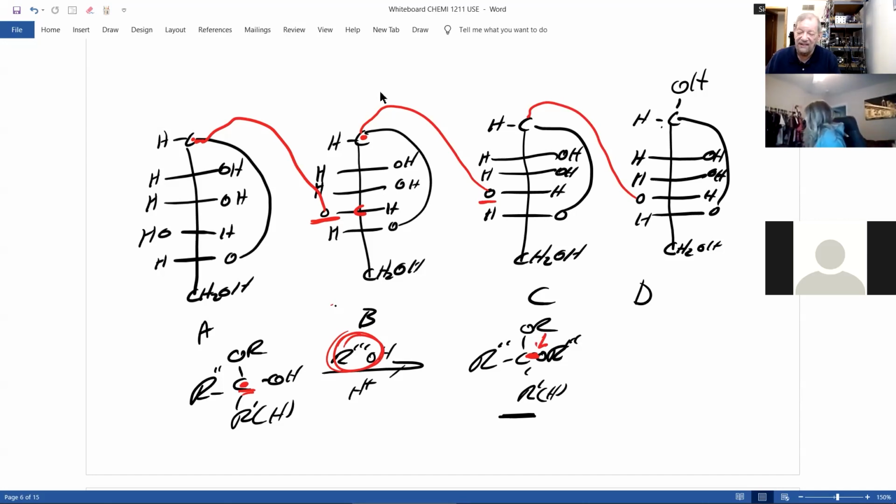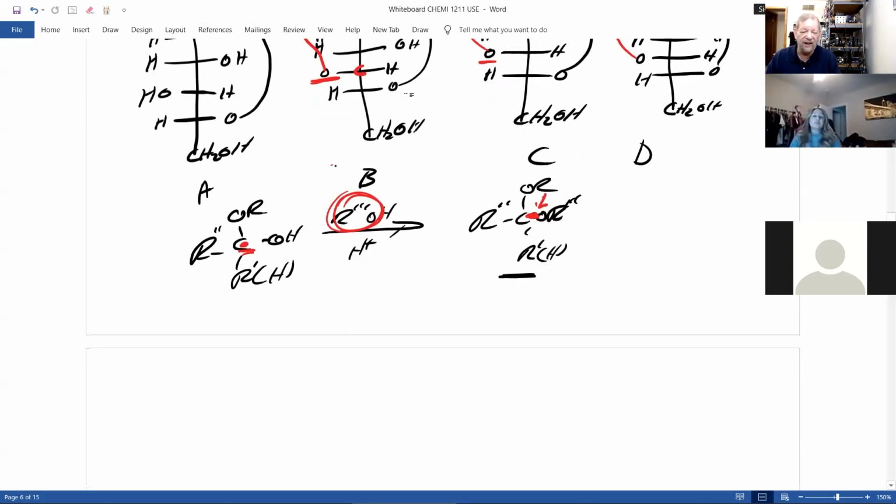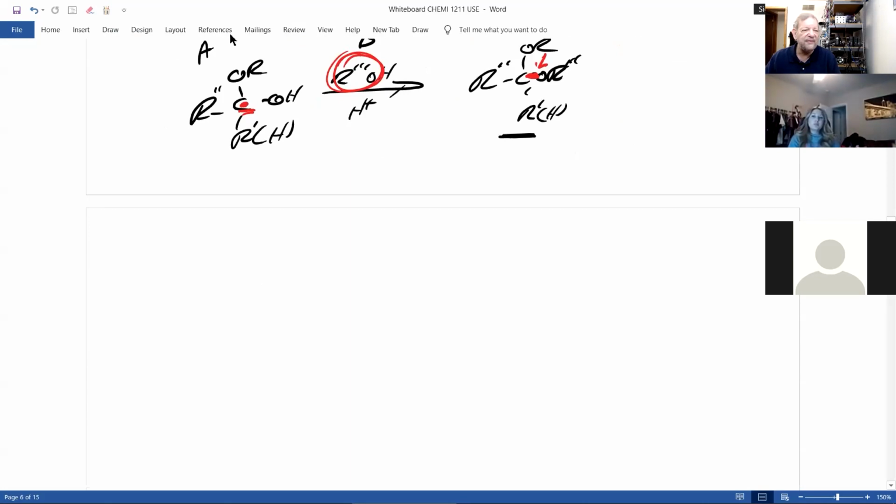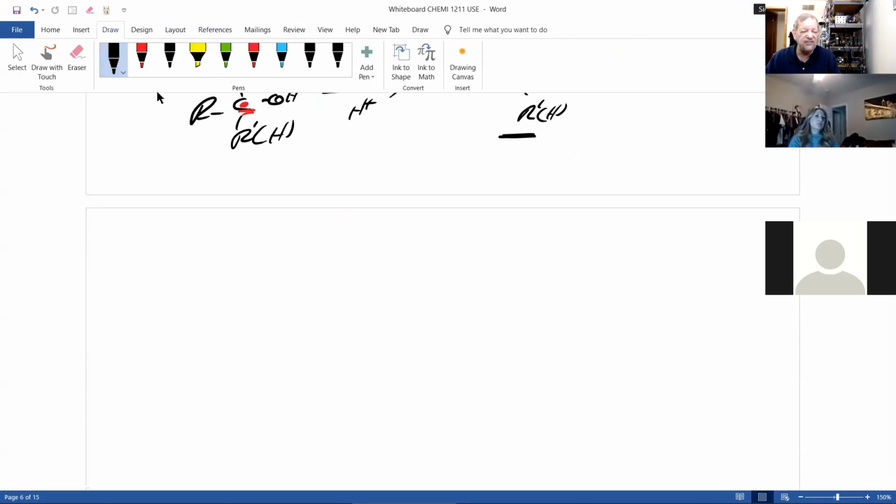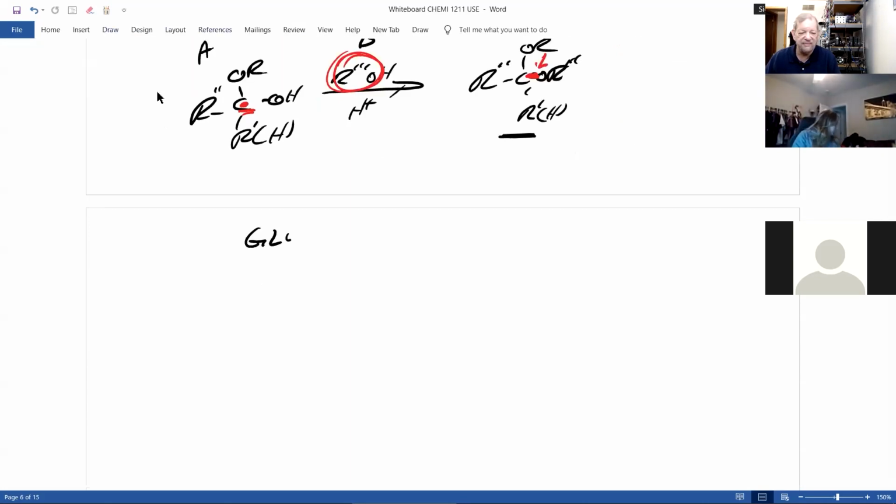And guess what? I could keep on doing this more and more, like the Energizer Bunny. Now, if I wanted to show it shorthand, I could have said this.